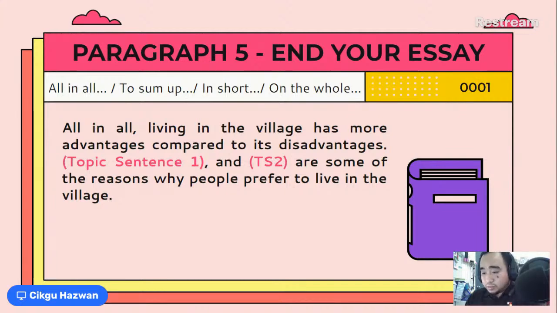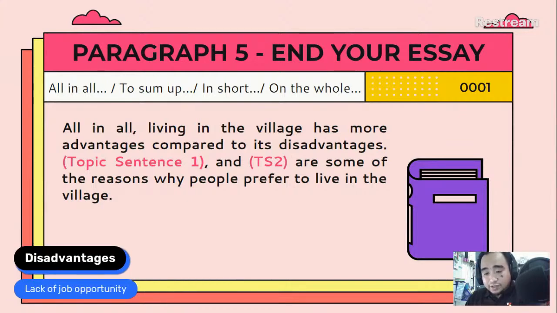Contoh, you talk about lack of job opportunity. So kita masukkan lack of job opportunity as topic sentence 1. All in all, living in the village has more disadvantages compared to its advantages. Lack of job opportunity and so on are some of the reasons why people prefer to live in the city.